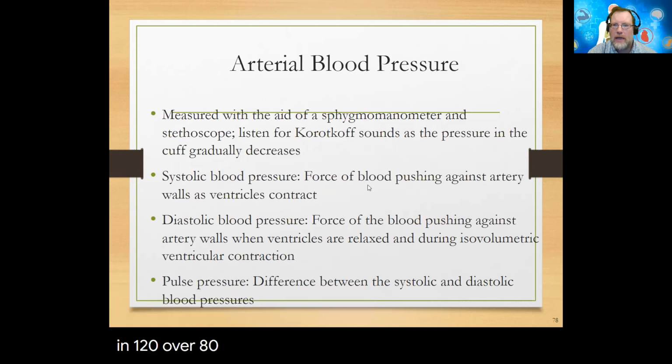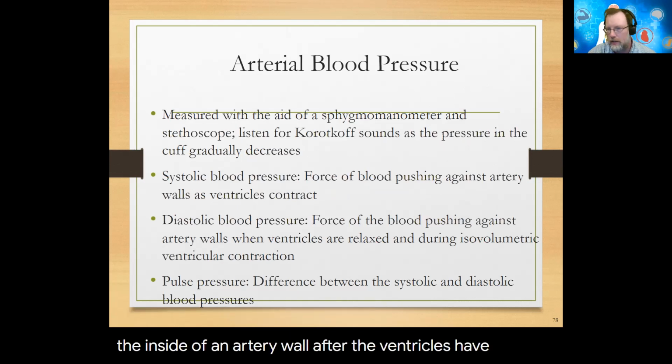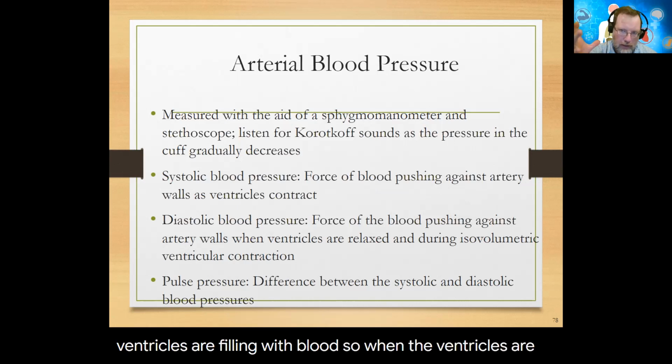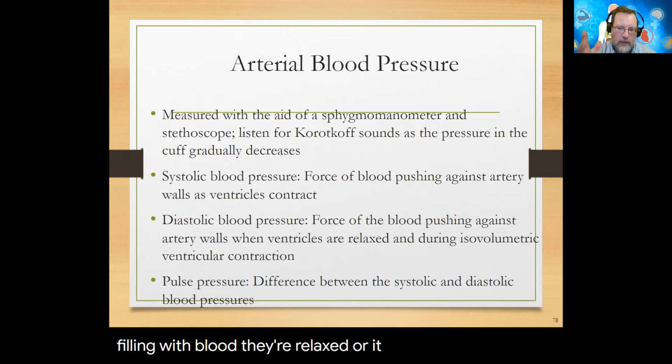Okay, so systolic is the pressure that's exerted on the inside of an artery wall after the ventricles have contracted. Diastolic is the force of the blood pushing against the artery walls during isovolumetric ventricular relaxation, or basically saying when the ventricles are filling with blood. Okay, so when the ventricles are filling with blood, they're relaxed, we're in between contractions.